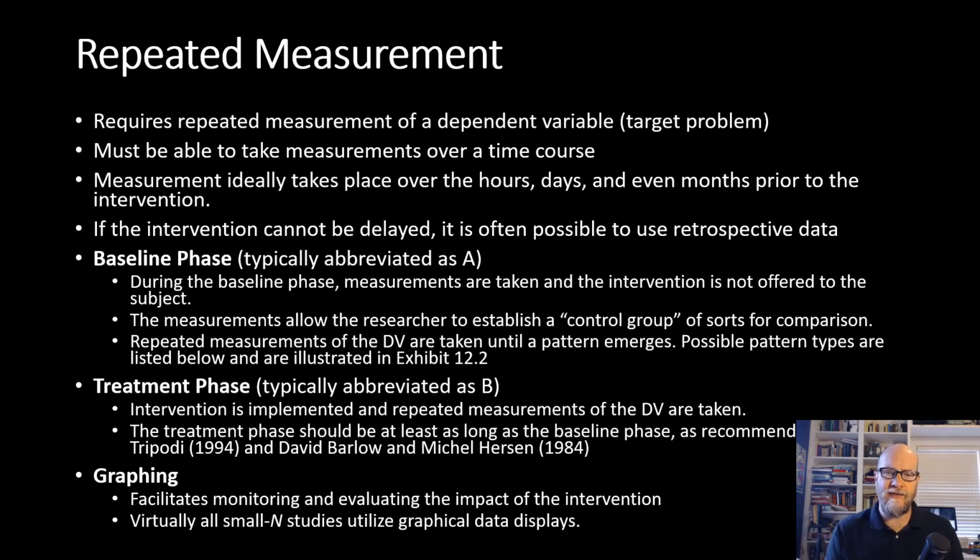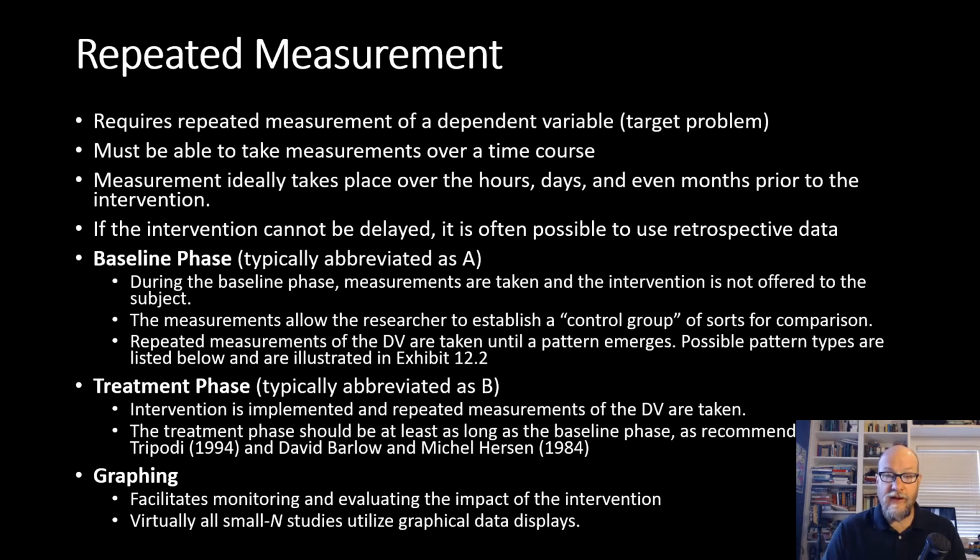The reason it's sometimes labeled the target problem in this type of research is because the most common examples of small n or single subject designs are ones like that discussed in the chapter, like Sam, where you have a treatment setting, it could be outpatient, could be inpatient, but you're trying to intervene on a specific problematic behavior or adjust it in a healthy fashion. And so that target behavior, target problem is, in a sense, the dependent variable. It's the outcome we're trying to adjust.